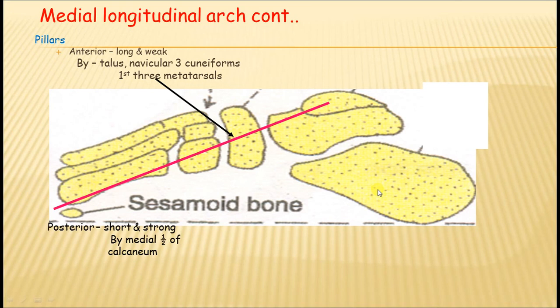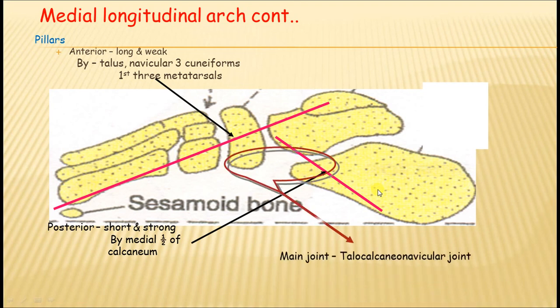It is short, because we always say, be short and sweet. In the same way, the posterior part is not so long in length, and because of that it gains more strength. The medial half of the calcaneum forms the posterior part of the arch.